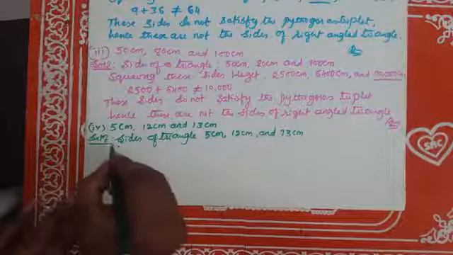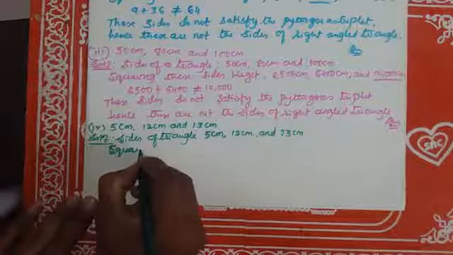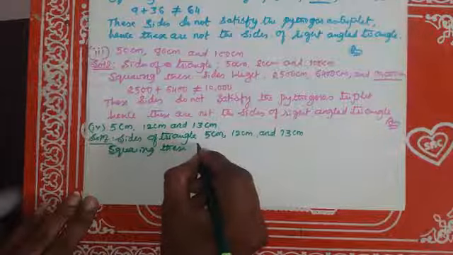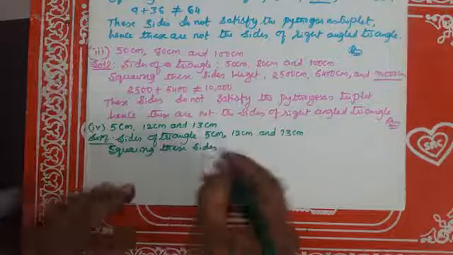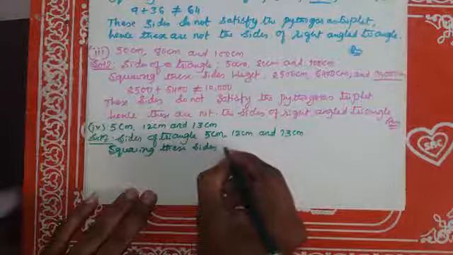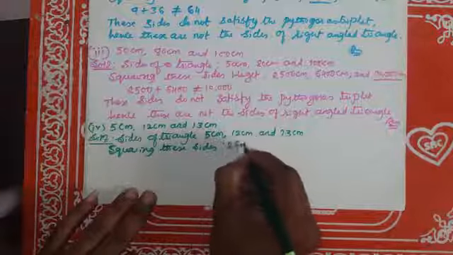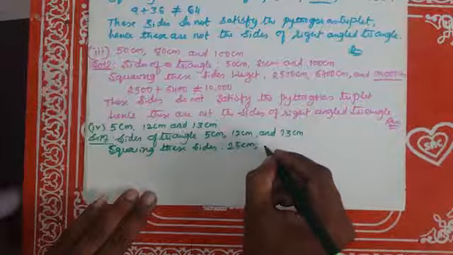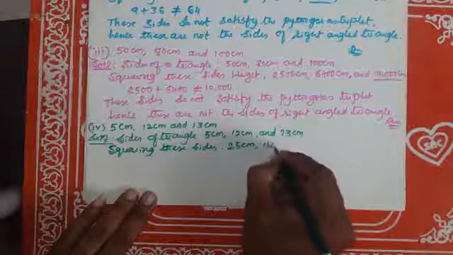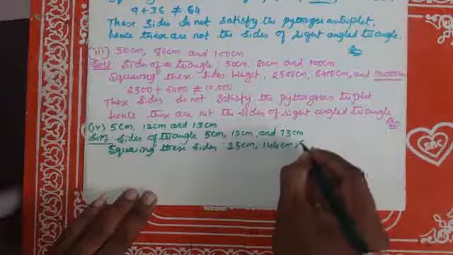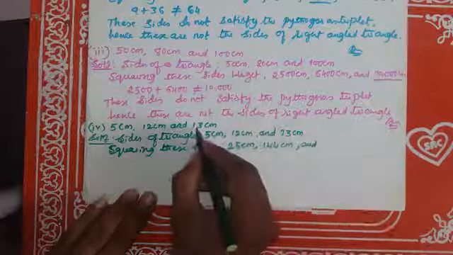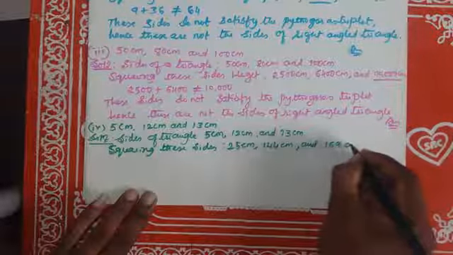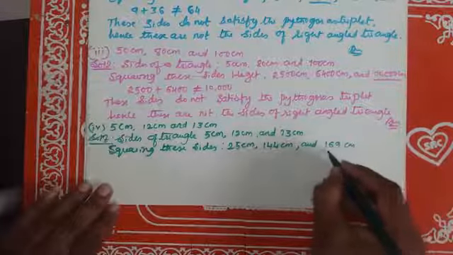Okay, squaring these sides, 5 square is 25, 12 square is 144 centimeter and 13 square is 169 centimeter. Which is the longest side?